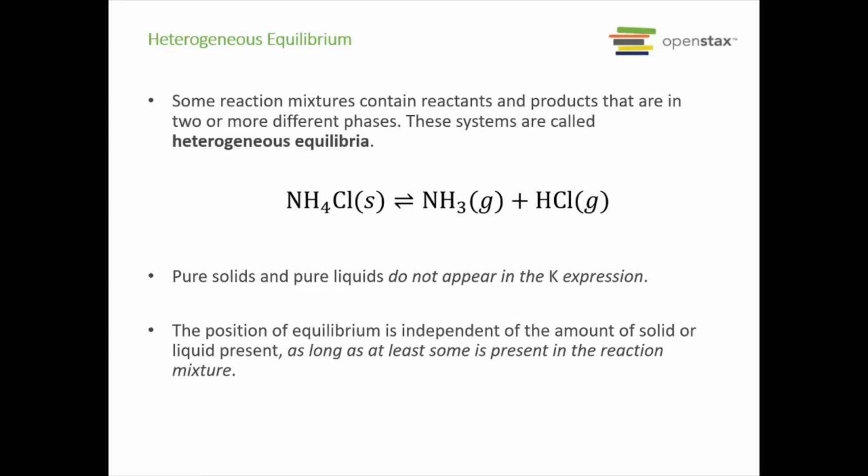So if I add more solid to this reaction, it's not going to do anything to the equilibrium. If I take some solid away, still not going to do anything because it's not in the expression. So the expression for this one, for instance, would just be NH3 times HCl. It's because it's over 1, since NH4Cl is a solid.